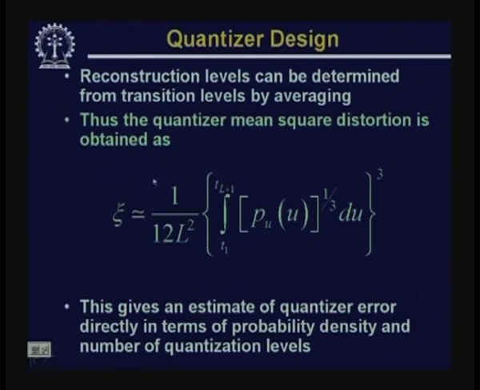The mean square error of this designed quantizer will be 1 upon 12 L square into the cube of the integral of P_u(u) to the power 1/3 du between T_1 and T_{L+1}. This expression gives an estimate of the quantizer error in terms of the probability density and the number of quantization levels.